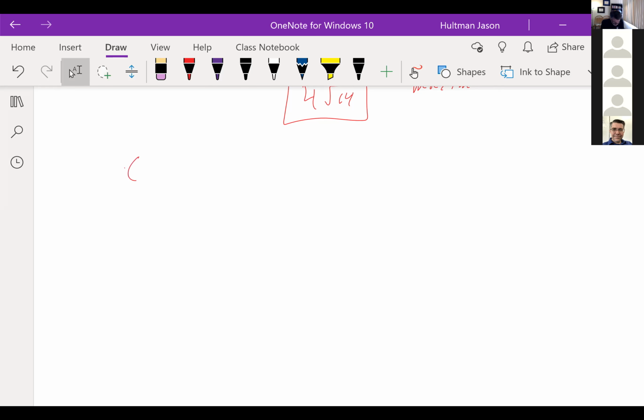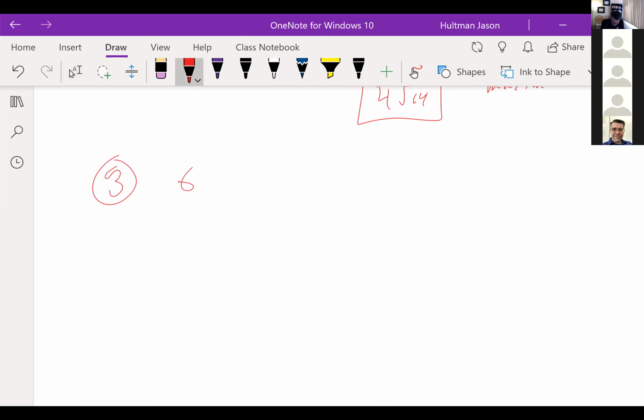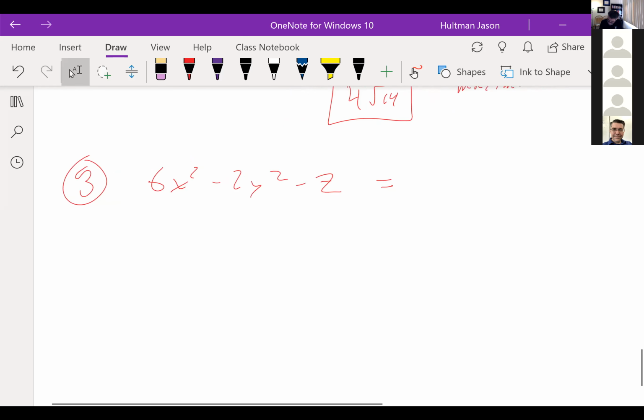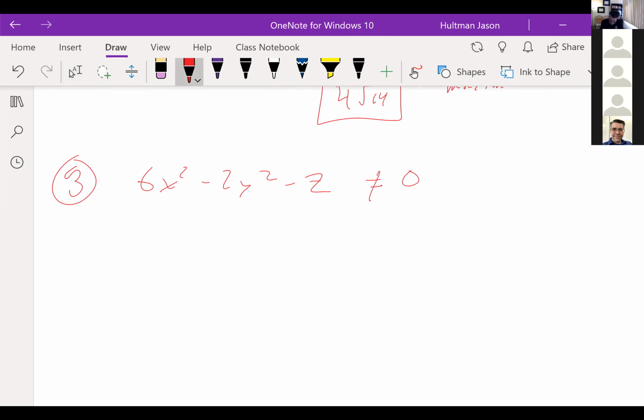Number 3, 6x squared minus 2y squared minus z. That's in the denominator, so it cannot equal 0. So we can't have that equal 0. What I'm going to do is solve for z here and put my answer in terms of z, a function of x and y.